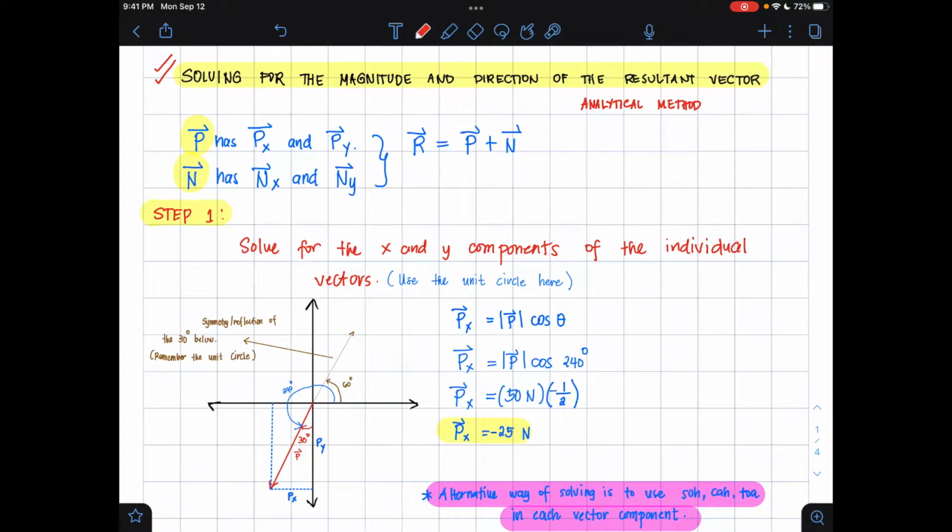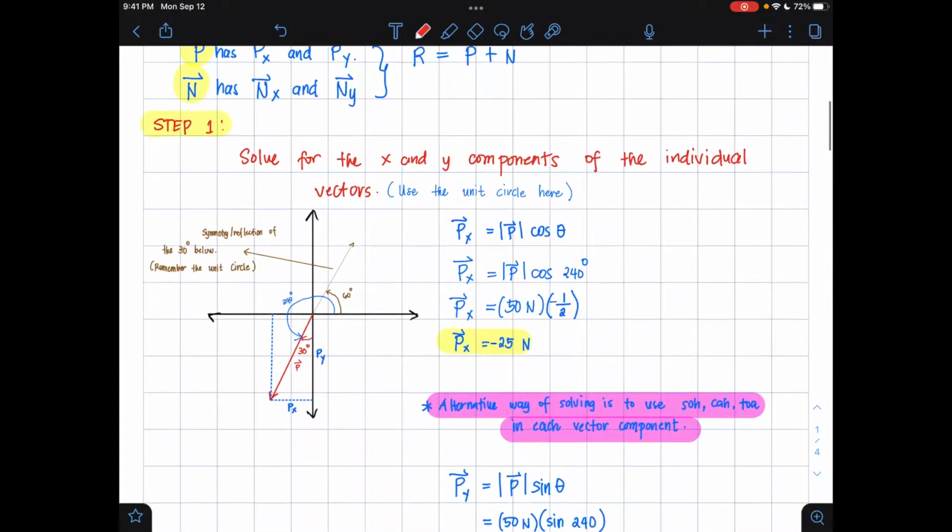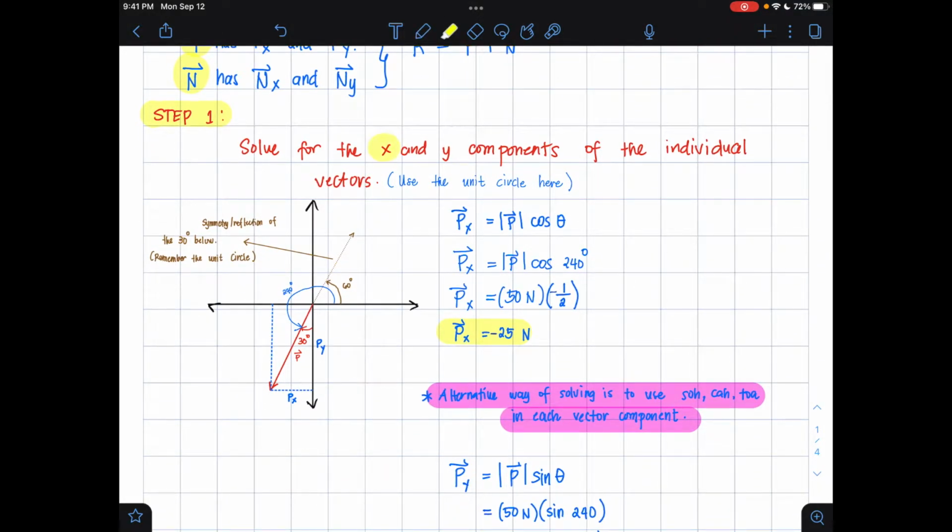Okay, so the first step in solving for the magnitude as well as the direction of your resultant vector is to solve for both the x and y components of the individual vectors.